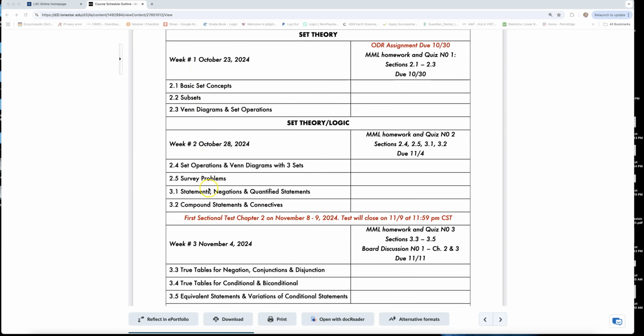reviewing all the instructional material that I gave you, basically in module number 1. Please pay attention to those videos that I suggest you watch, especially the videos regarding Venn diagrams with sets, the survey problems and so on.